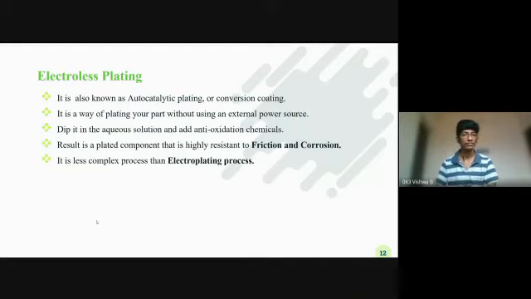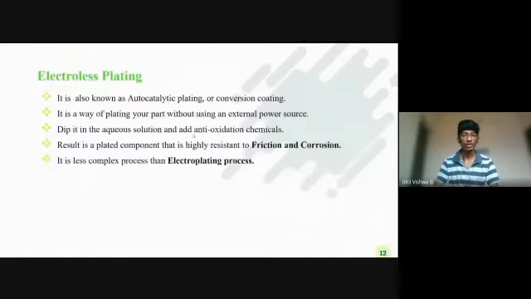influence. So electroless plating is a way of plating your part without using an external power source. Without the power supply, we do the process by dipping the part in an aqueous solution and adding anti-oxidation chemicals.